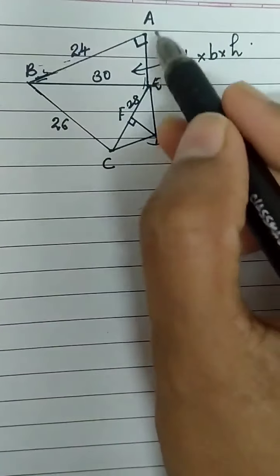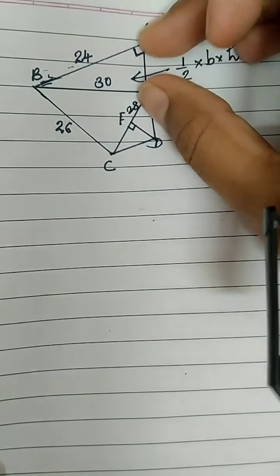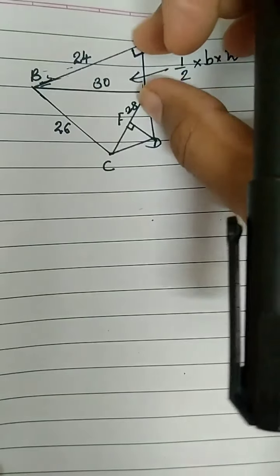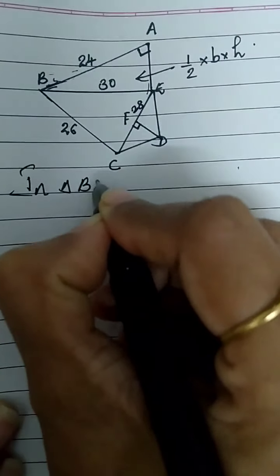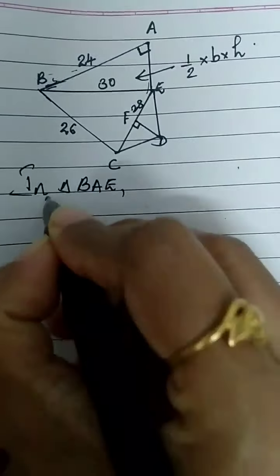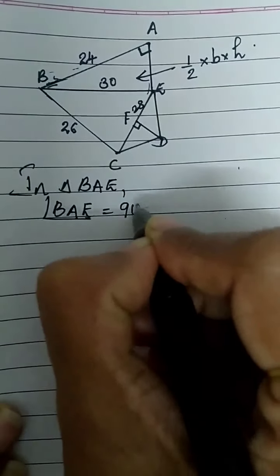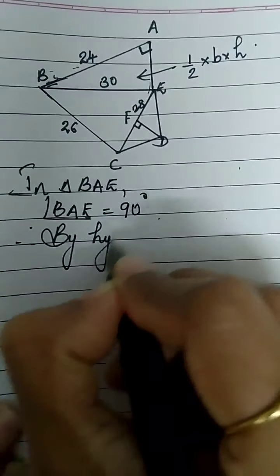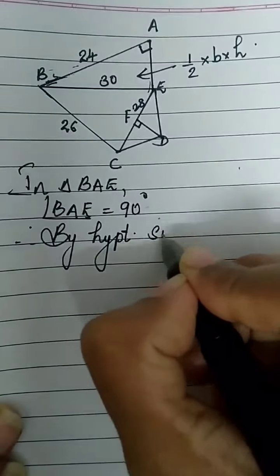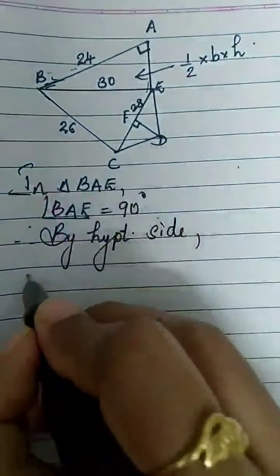How much is AE? How will you find that? We don't know AE, it is not given in the figure. So how will you get it? You will start this way. In triangle BAE, angle BAE is equal to 90 degrees. Therefore, by the hypotenuse side test, hypotenuse is BE.